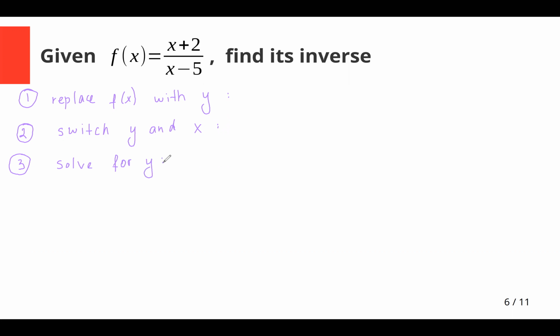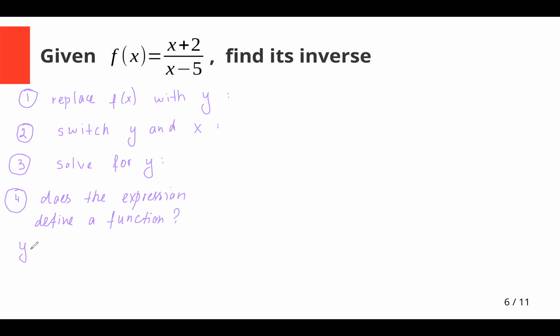It will take some time. The fourth step was to check whether the expression we got for y defines a function. Does the expression define a function?